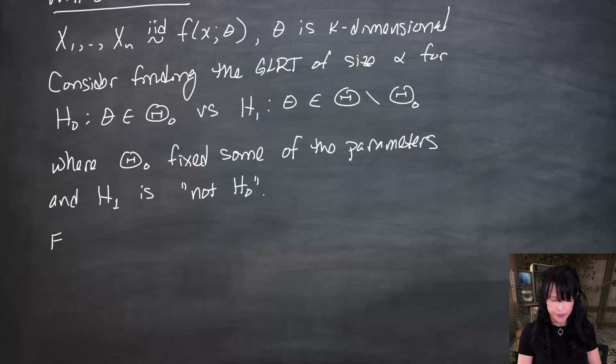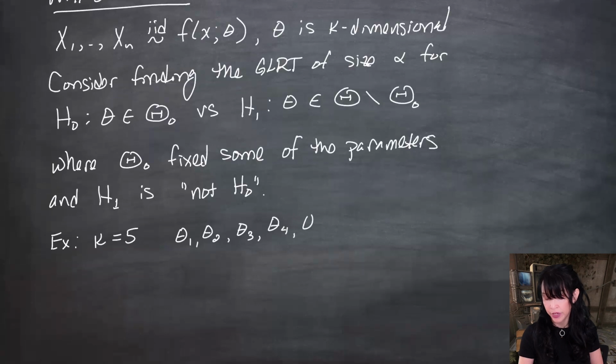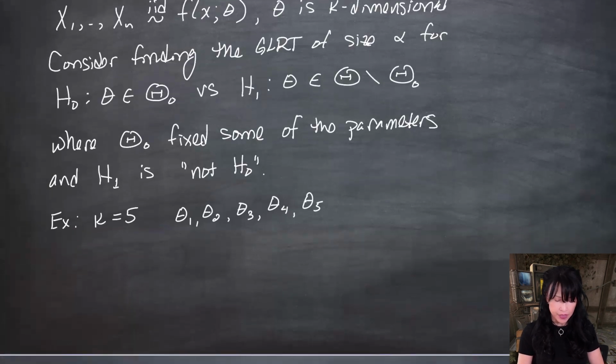As an example, maybe k is 5, so maybe we have 5 parameters. This is kind of realistic when you start doing statistics that looks like regression models or Bayesian statistics. And the null hypothesis might be that theta 1 is 3 and theta 4 is -2.